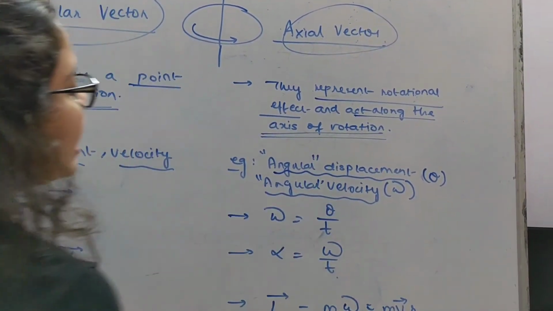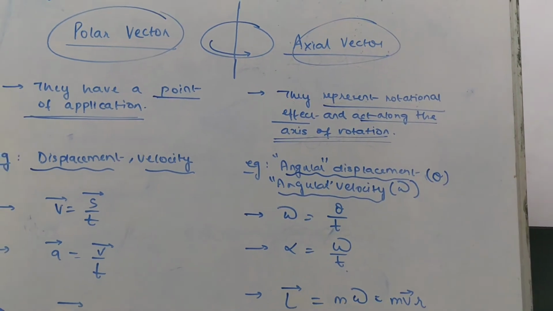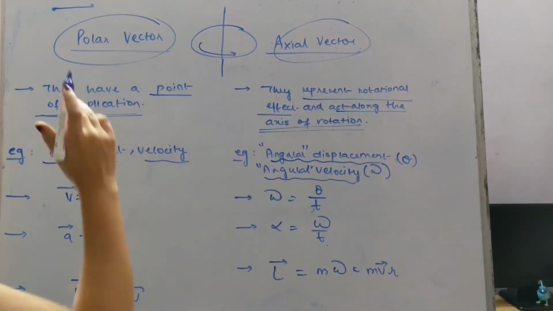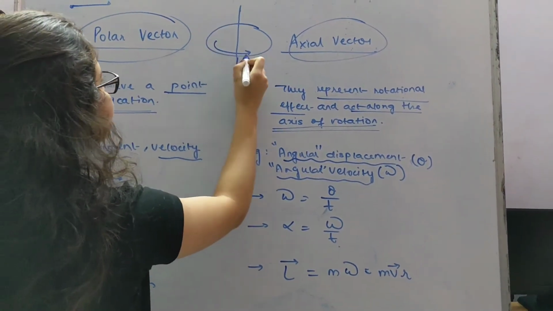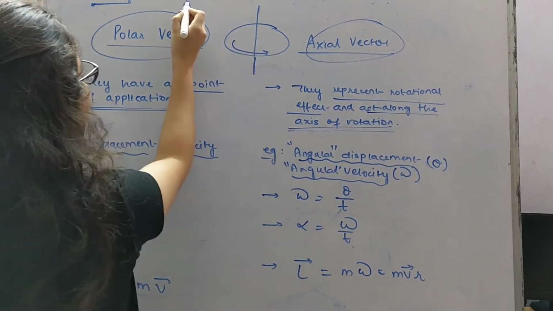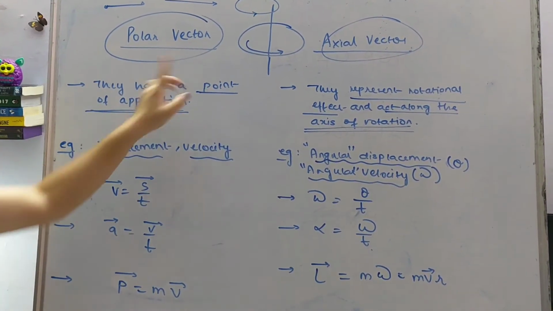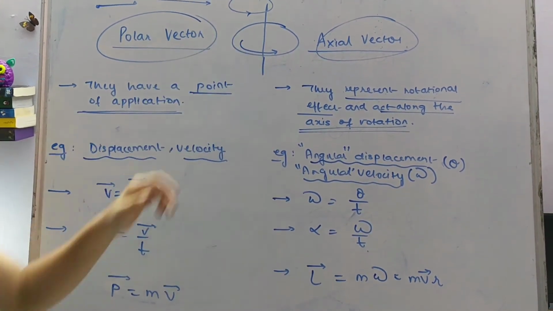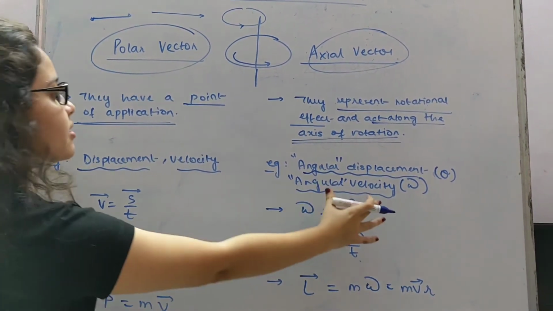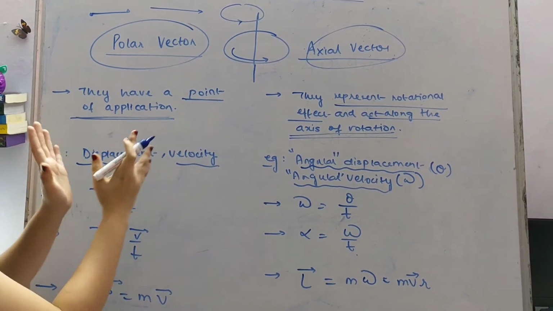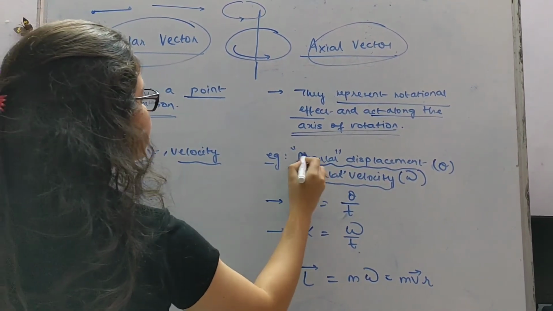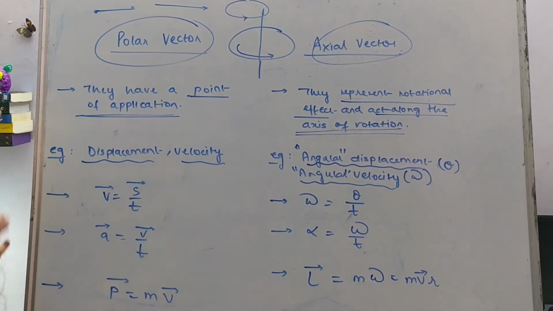This is a new term, right? Let me explain why we are adding this term. Whenever anything rotates, it is not rotating like this motion, and this motion is different, right? Here some angle is being made, so we'll just add angular here. Just notice, almost the same terms, just this word is extra, angular.